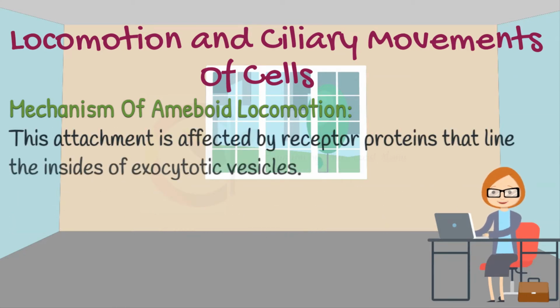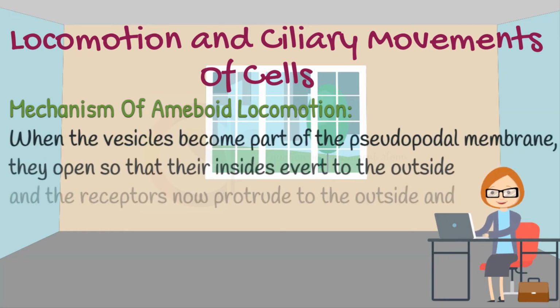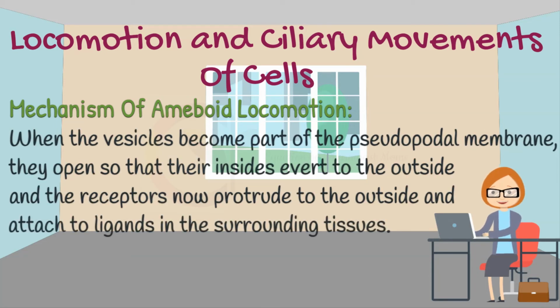This attachment is effected by receptor proteins that line the insides of exocytotic vesicles. When the vesicles become part of the pseudopodial membrane, they open so that their insides evert to the outside, and the receptors now protrude to the outside and attach to ligands in the surrounding tissues.